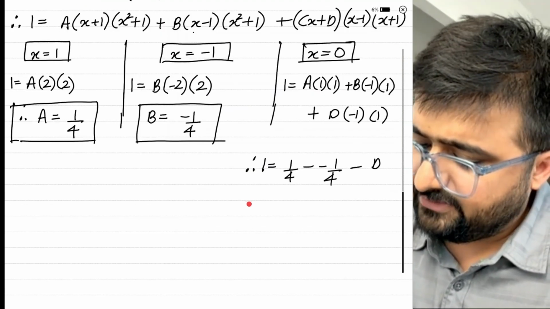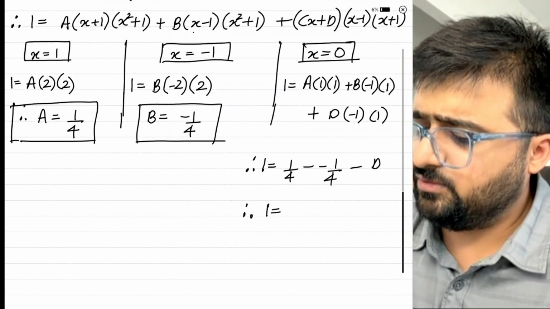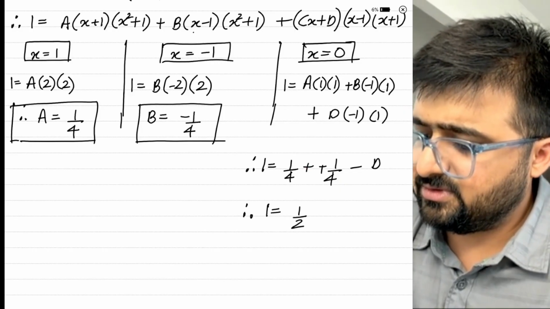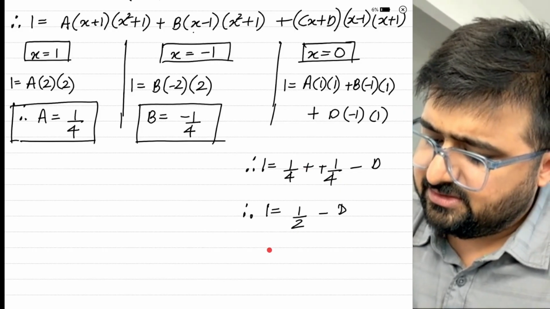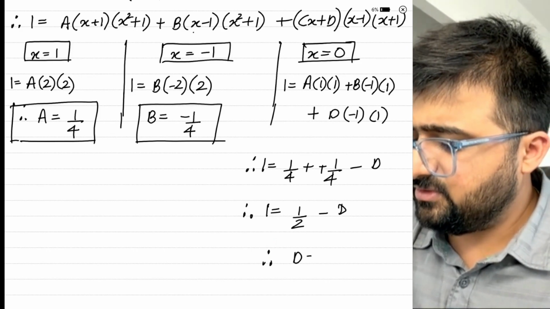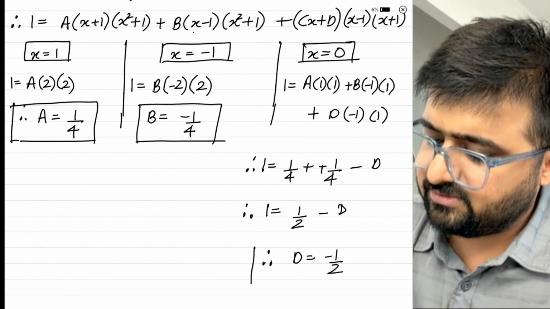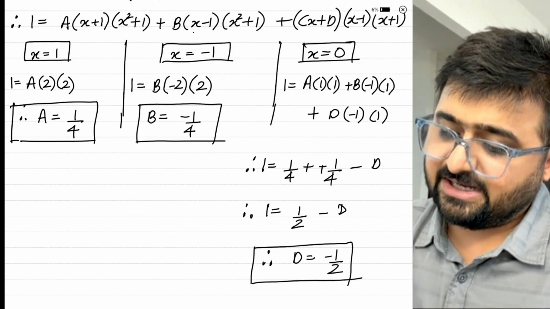Okay, so I have therefore 1 is equal to 1/4 plus 1/4, this will become plus, is half, minus d. So therefore that would give you d is equal to half minus 1, which is minus half. So that gives you the value of d.